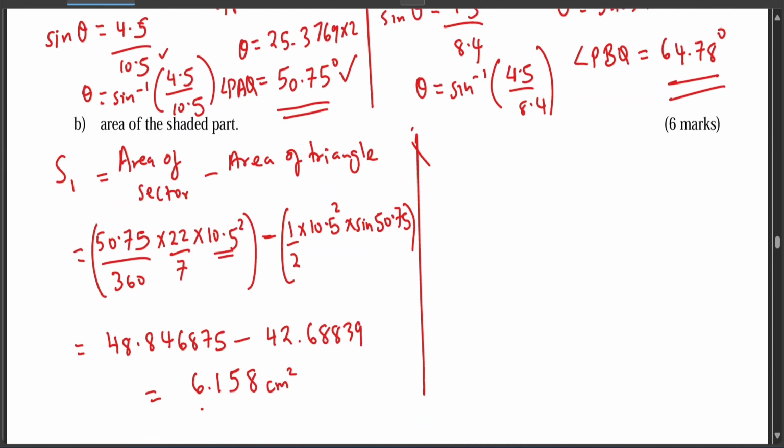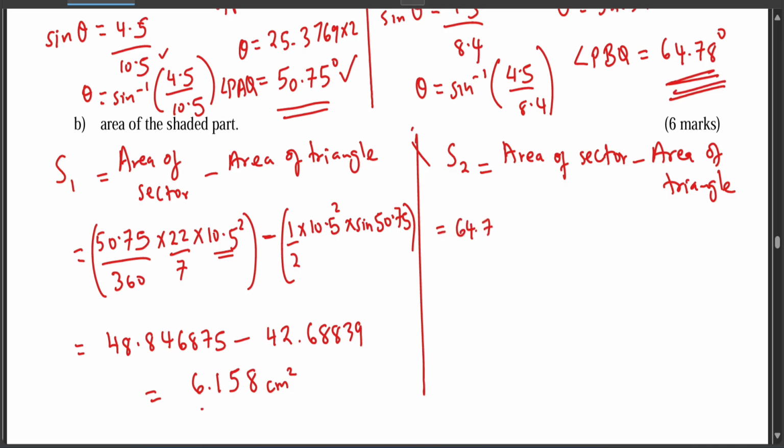Segment 2 is given by the same formula, area of a sector minus area of triangle. So area of that sector is still theta over 360. Your theta is 64.78 over 360 times 22 over 7 times r squared.